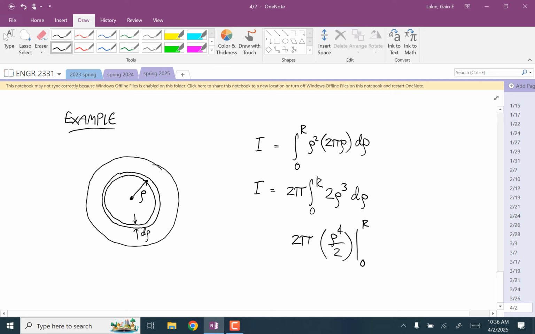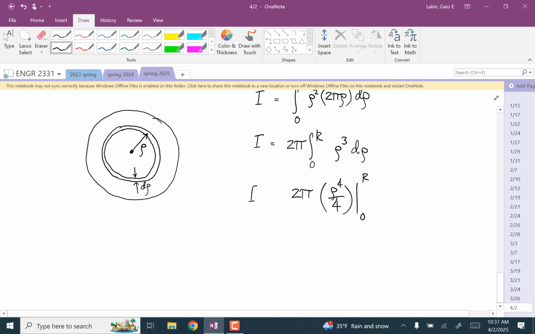So then you should have gotten rid of the 2 in front of the pi. Oh, right. I did the 2 twice. Thank you. Okay, now it makes sense. So you get pi over 2 R to the 4th.